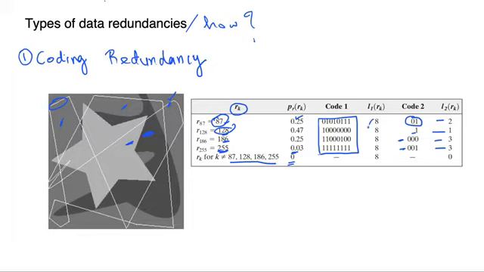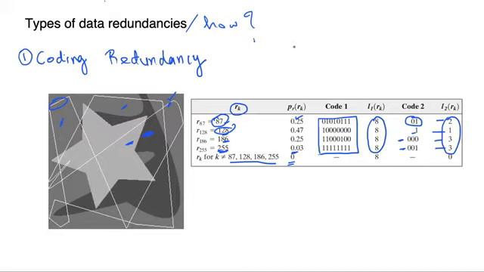So before, we were consuming 8 bits to store each intensity value. Now we are using different length codes in order to store the intensity values.